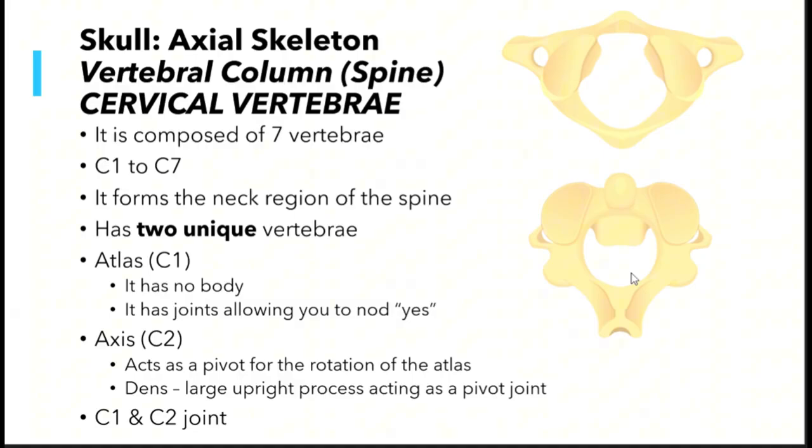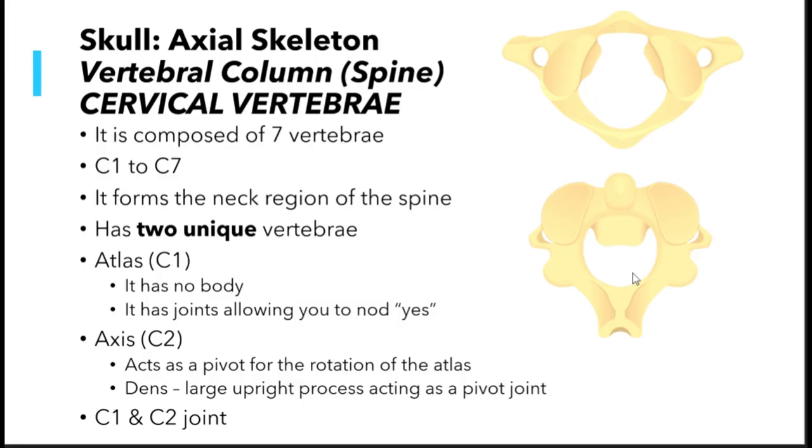Okay, let's have the first one. Cervical vertebrae, with seven vertebrae. From C1 to C7, it forms the neck region of the spine. As mentioned, they have similar characteristics except for C1 and C2. C1 and C2 are unique cervical vertebrae.